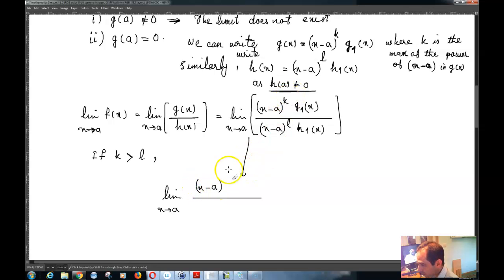And this becomes (x − a) raised to the power k − L, because k is greater than L, times g1(x) over h1(x).